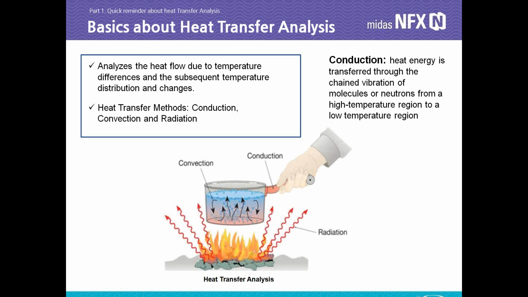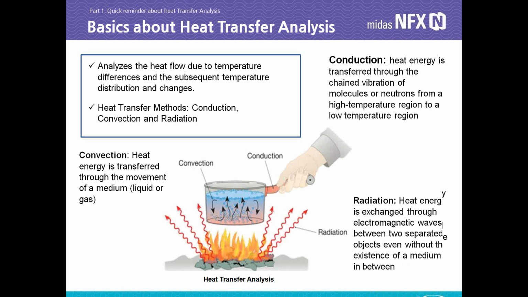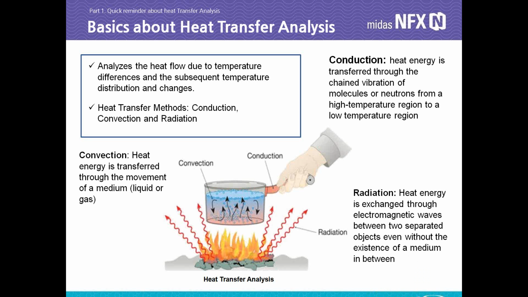The rate of transfer depends on the property of the material, of course, and this is the conduction coefficient. Convection is the energy transferred through the movement of a medium, generally a liquid, but it can also be a gas, like air, for example. And radiation is heat energy transferred through electromagnetic waves.